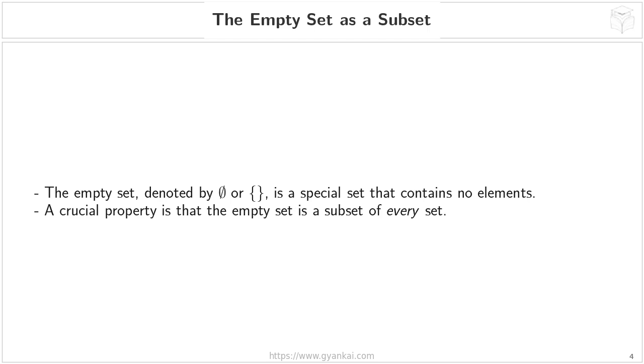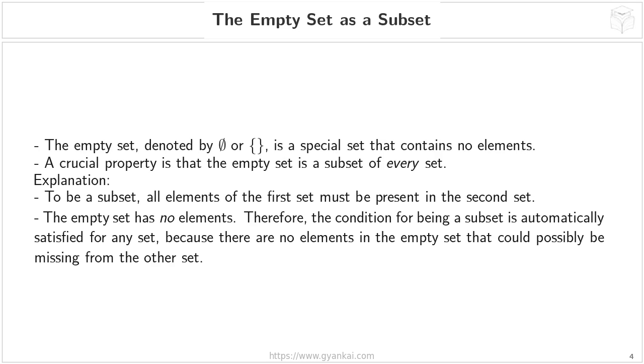Now here's a crucial property. The empty set is a subset of every set. That might sound strange, but let's break it down. Remember, for a set to be a subset of another, all of its elements must be found within the other set. The empty set, by definition, has no elements. So, when we ask if all the elements of the empty set are also in, let's say set A, the answer is automatically yes.